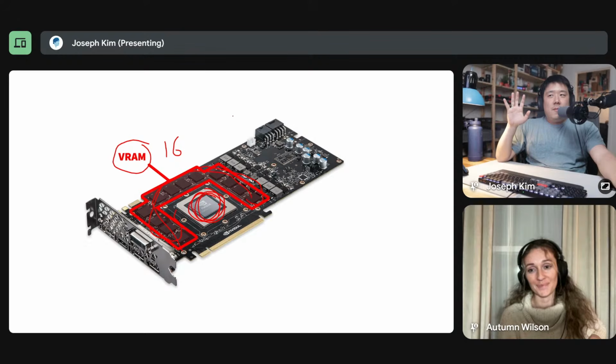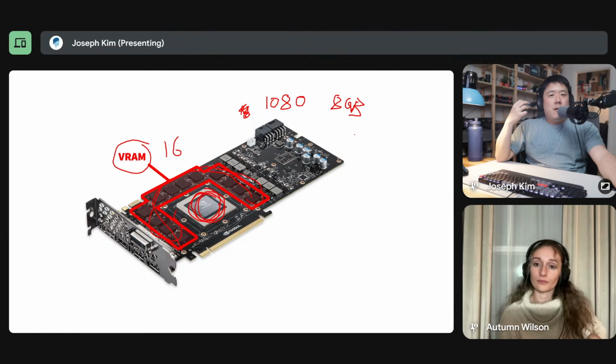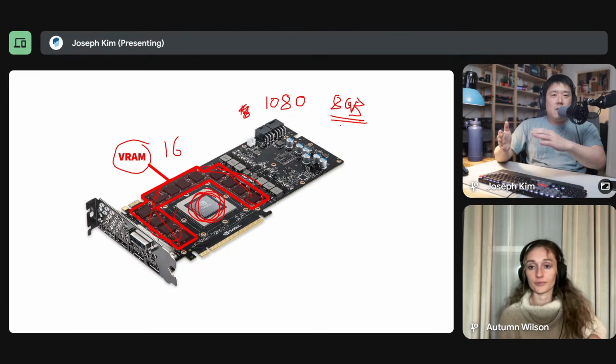But when I had the 1080 graphics card, the older, lower-grade one, it had only 8 gigabytes of VRAM, and if I loaded a large model, it could actually fill this up. And if it does, it either stops outright or becomes very, very sluggish and slow, because it now needs to offload between the big shelf and the tool belt.